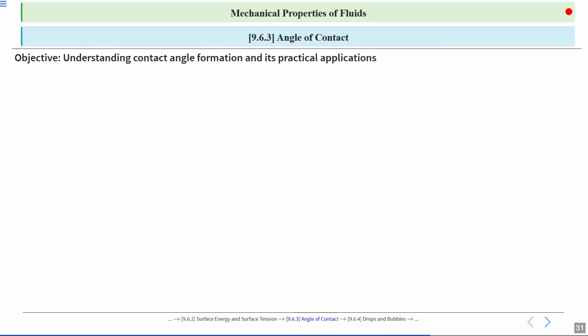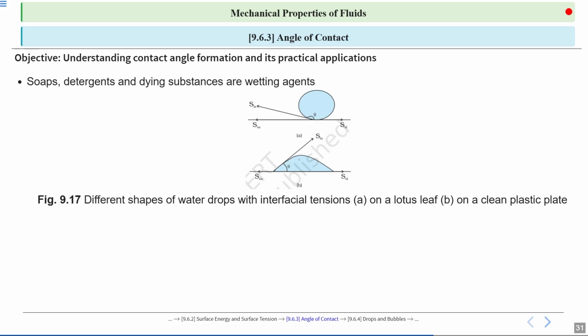Now, soap, detergents, and dyeing substances are wetting agents. So look at the figure: water forms different shapes on the lotus leaf and the plastic plate. The shape of the drop depends on the contact angle, which is influenced by the interfacial tensions between the liquid, solid, and air.